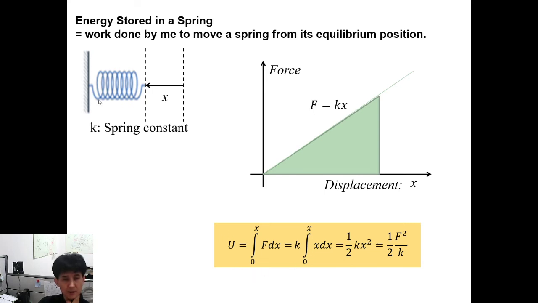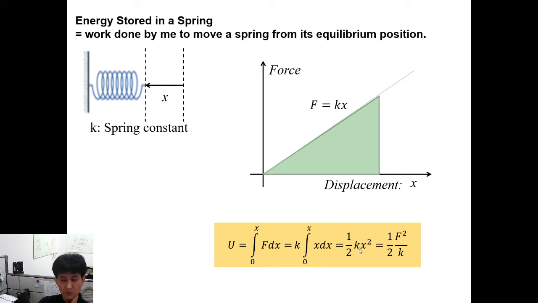Energy stored in this system is force times the distance, so energy stored in this spring by compressing it from its equilibrium position to a certain distance x is just force times the x integral, but force is kx, so k comes out of this integral, and x dx is the integral we need to have.